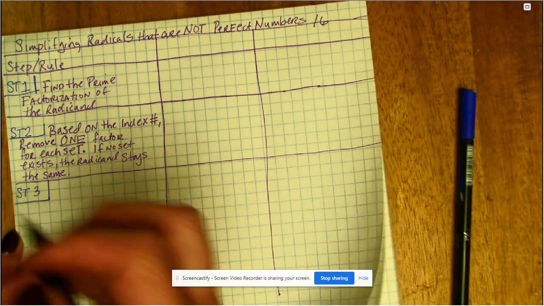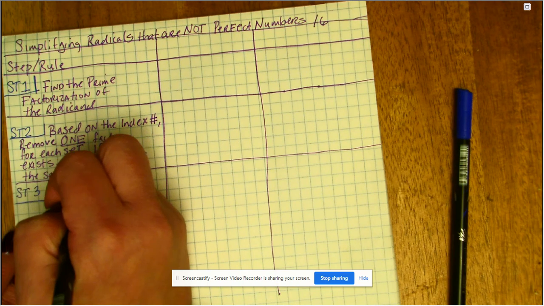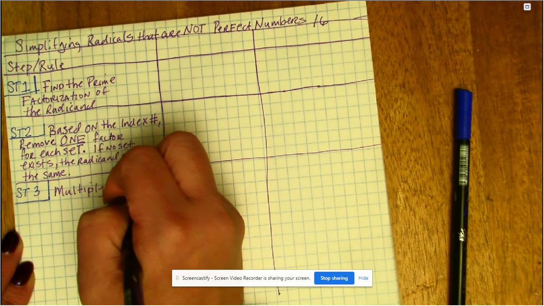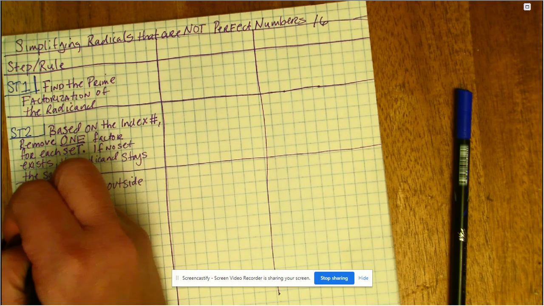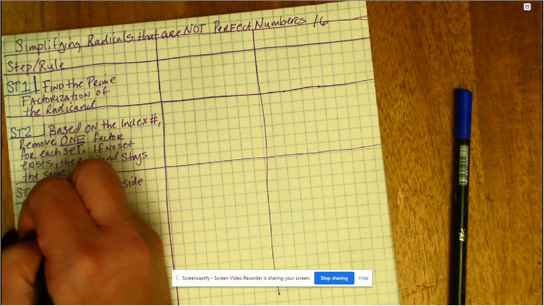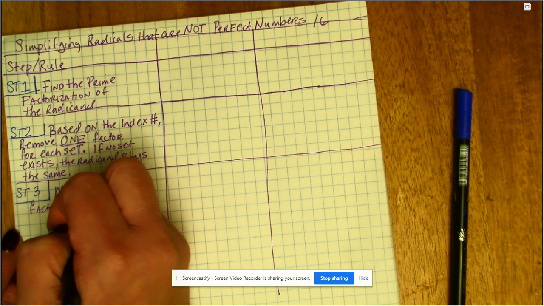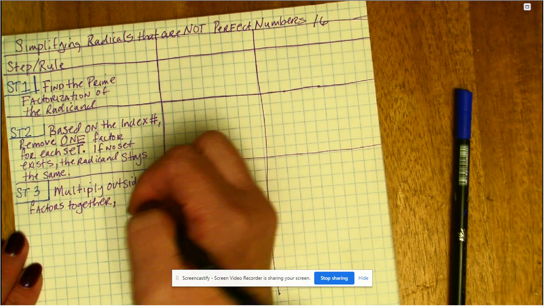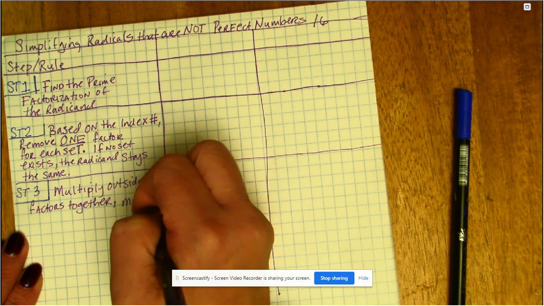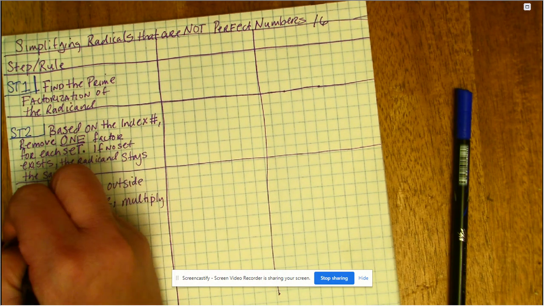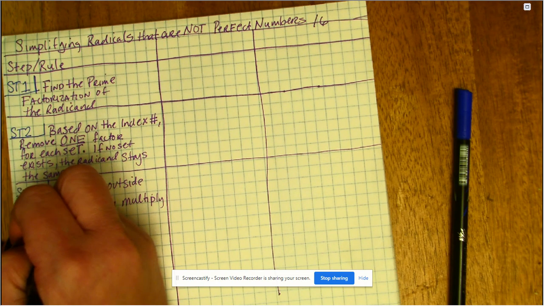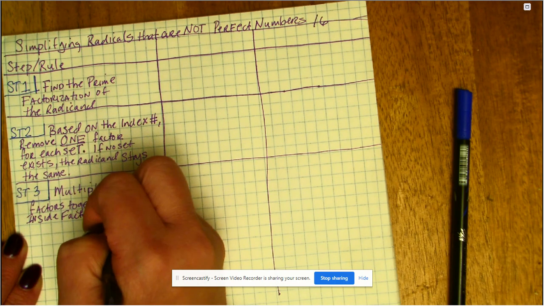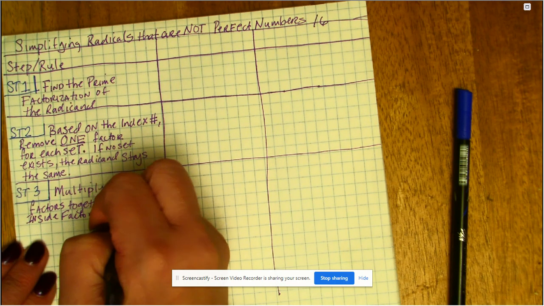Okay, step 3, multiply outside factors together and multiply inside factors back together.